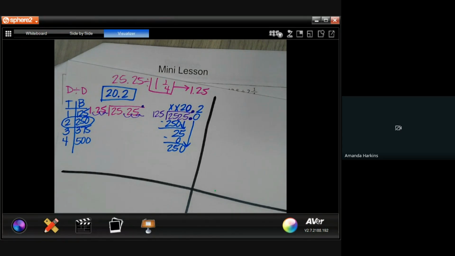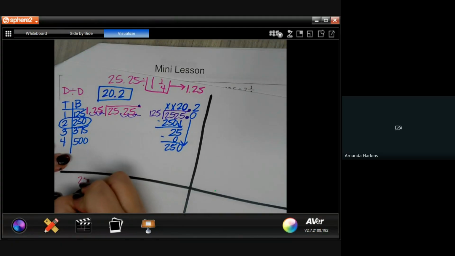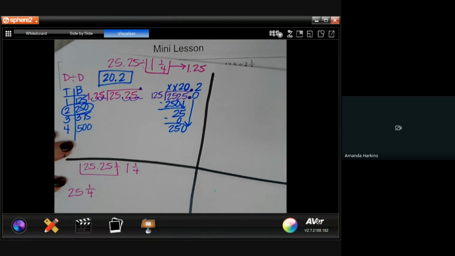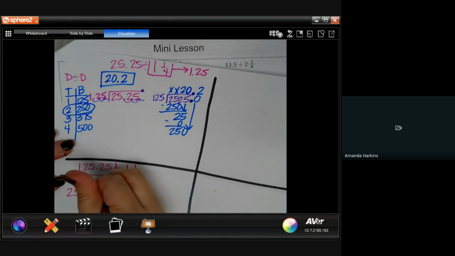We can also do this with fractions. So we have 25.25 divided by 1 1/4. Remember, this can be converted to 25 1/4. So 25 1/4 divided by 1 1/4.